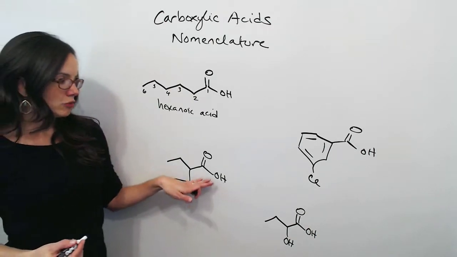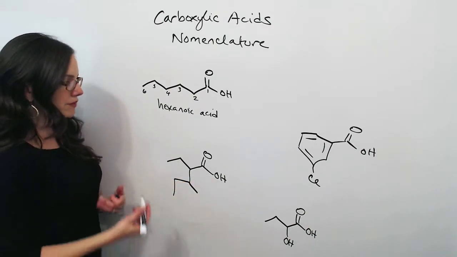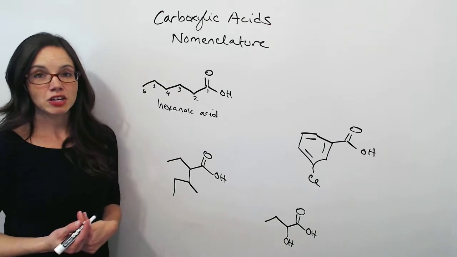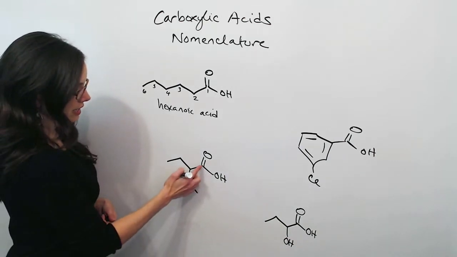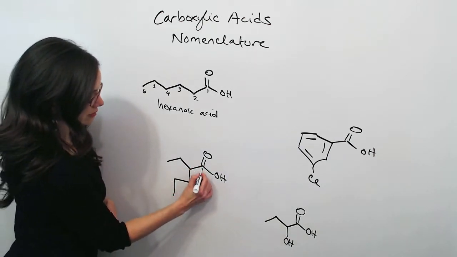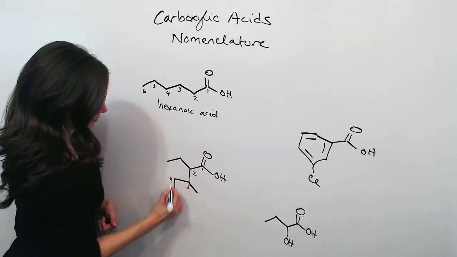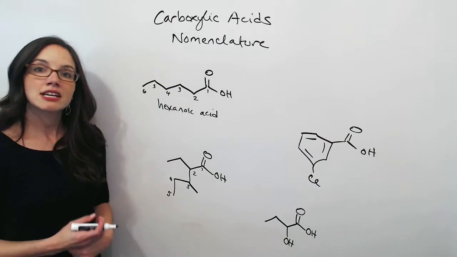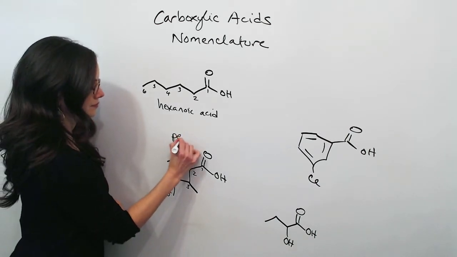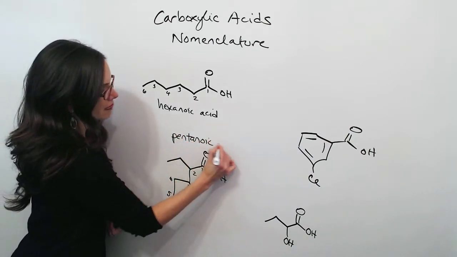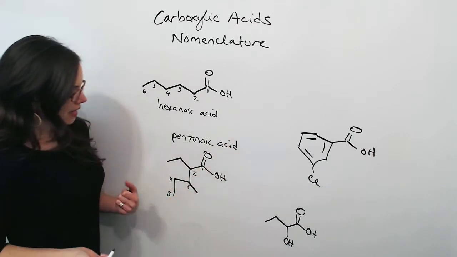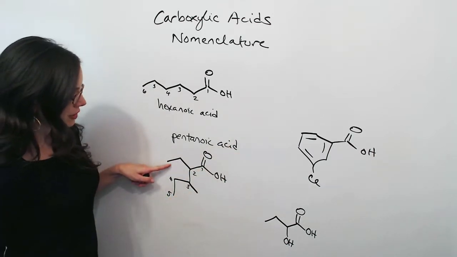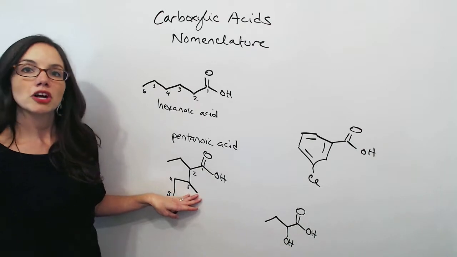We'll apply those same rules to this compound. We want to find the longest chain that contains the carboxylic acid group. That chain actually goes in this direction. So this is a pentane chain, and we'll call it pentanoic acid. And you can see that we have an ethyl substituent on carbon 2 and a methyl on carbon 3.